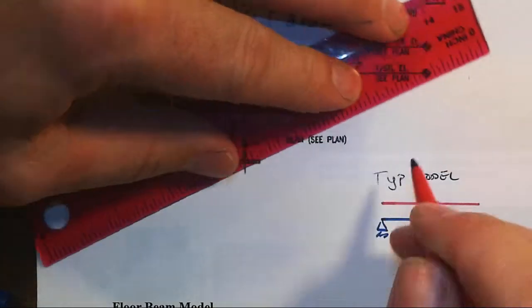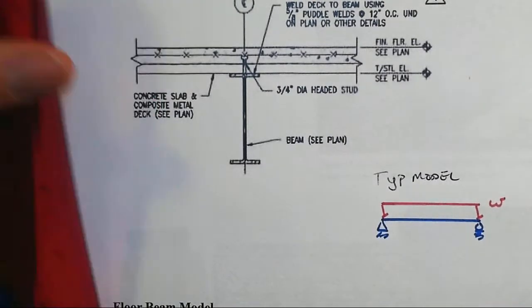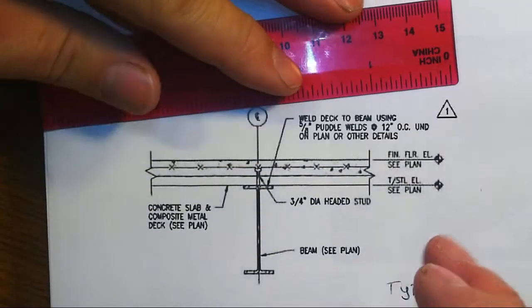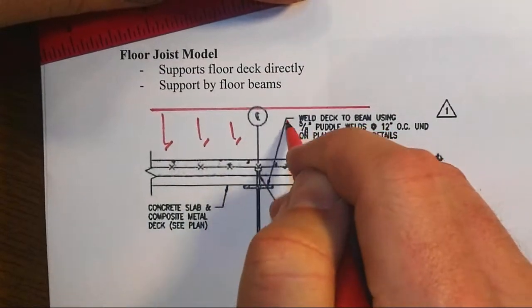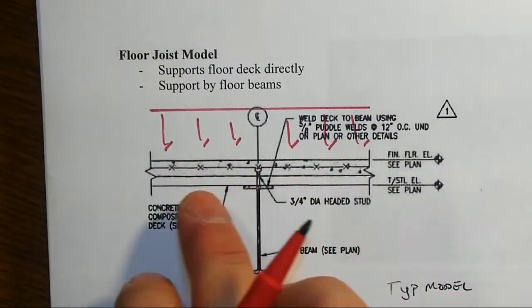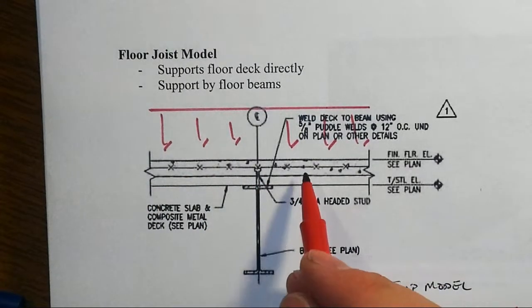And typically under the design conditions we would have a distributed load that would be this pressure on the beam that would be something like, well, the self-weight of all the concrete and of this metal pan. That would turn out to typically be about 50 pounds per square foot.